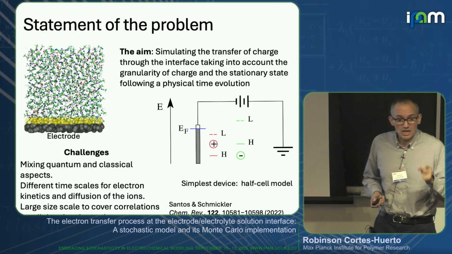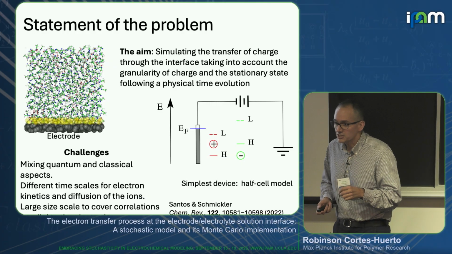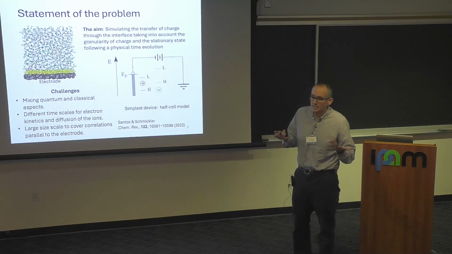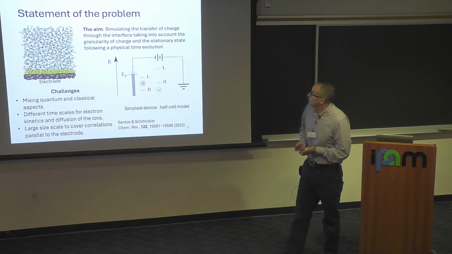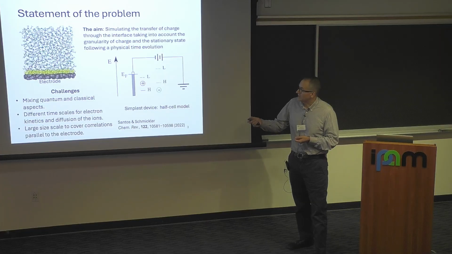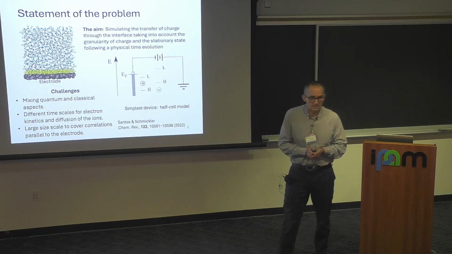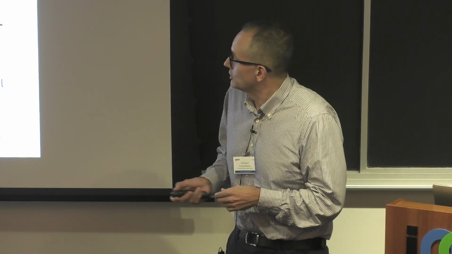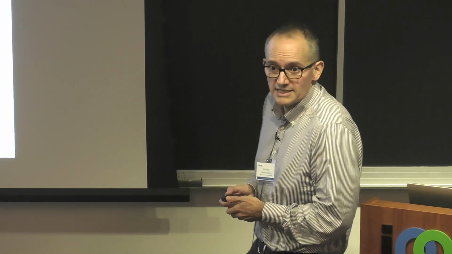The idea is to take into account the granularity of a charge, which is not taken into account by mean field methods like density functional theory. And also the idea is to have a stationary steady state current circulating in the system. We would like to impose that, characterize this in this simple model and see what happens. This is perhaps the simplest device that we can consider.